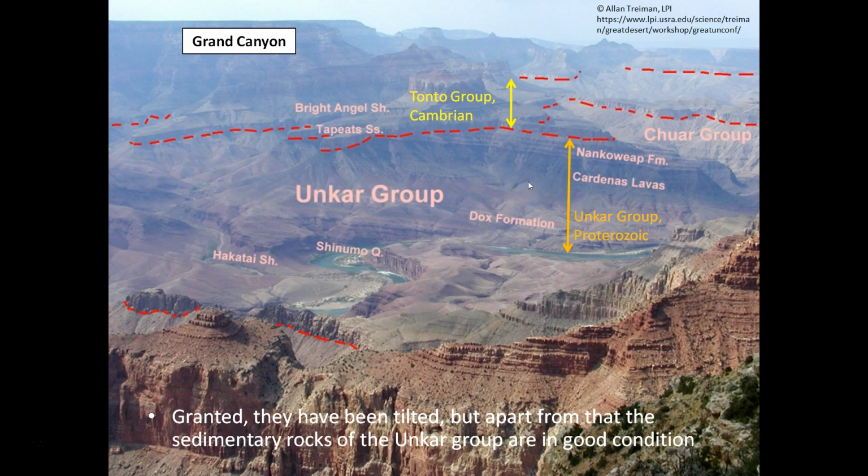Essentially, it's a near pristine sequence of rocks, pretty much as the sediments were lithified. The group's been tilted slightly, but in the grand scale of things, they are pretty much untouched. So the Proterozoic differs from the Archean in that we actually have nice, relatively undeformed sequences of sedimentary rocks available to us, which we can study.